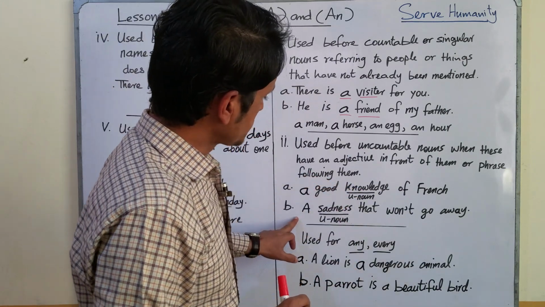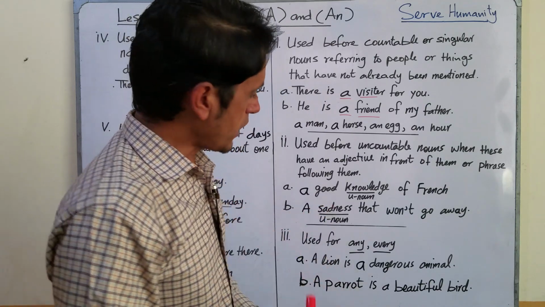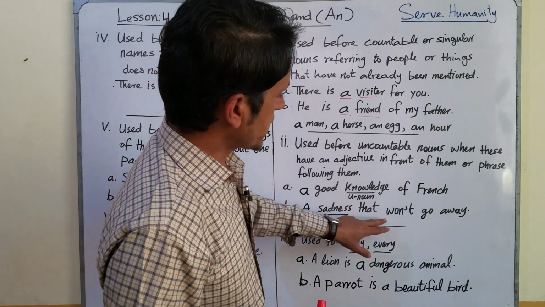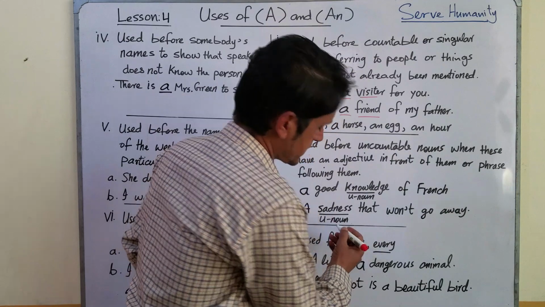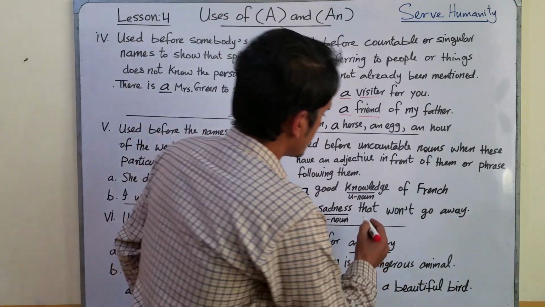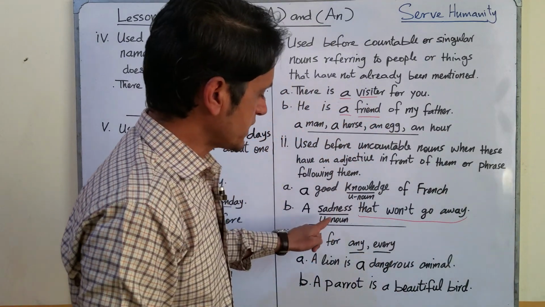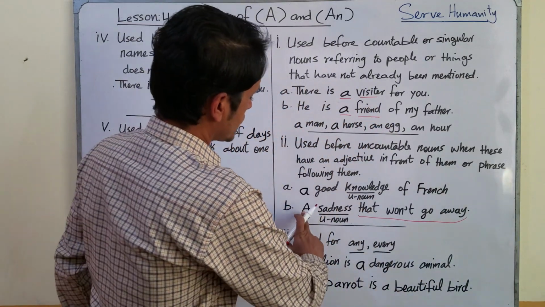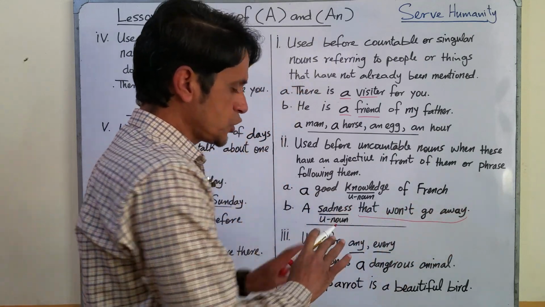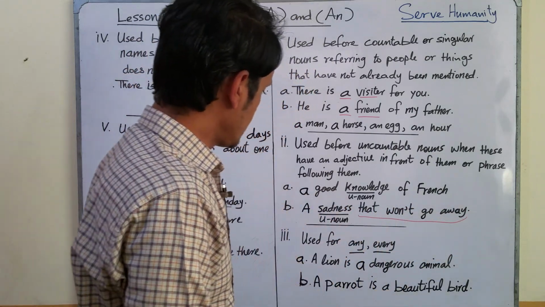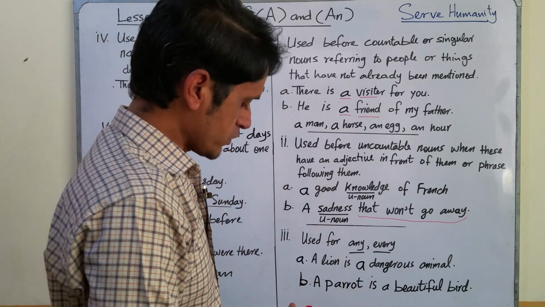The other case, we can use indefinite article with an uncountable noun when it is followed by a phrase. And a sadness, you see, sadness is an uncountable noun, so this is a phrase which is followed by this sadness, so we can use here a sadness that won't go away. In these two cases we can use indefinite articles with these uncountable nouns.